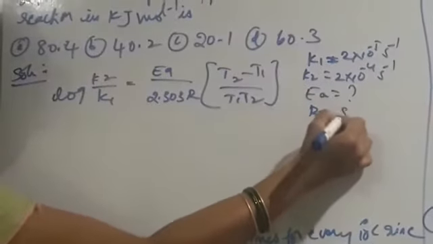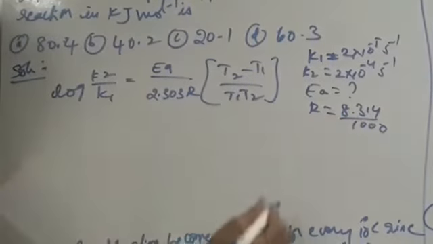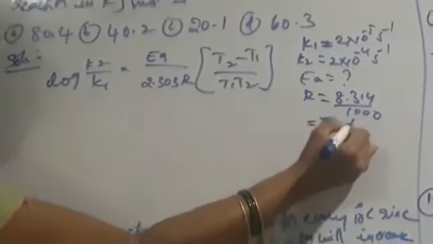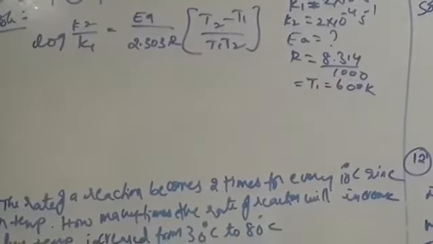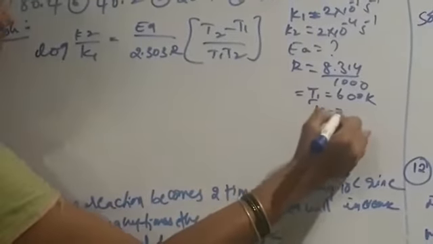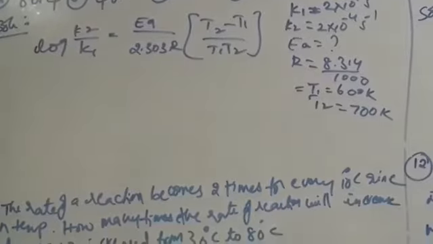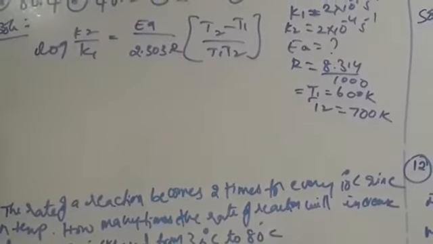R value in joules is 8.314, in kilojoules it is 8.314 by 1000. T1 is 600 Kelvin, so the temperature is given in Kelvin only, and T2 is 700 Kelvin. Okay. So substitute all this data.